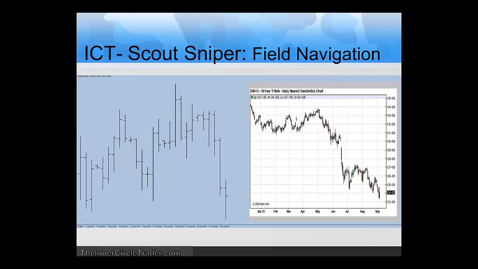Interest rates are the driving force, whether you're a stock trader, commodity trader, currency trader, oil trader. It doesn't matter what it is. Interest rates are the absolute underpinning of market dynamics. Moves up or down are going to be more or less propelled by the interest rate market.